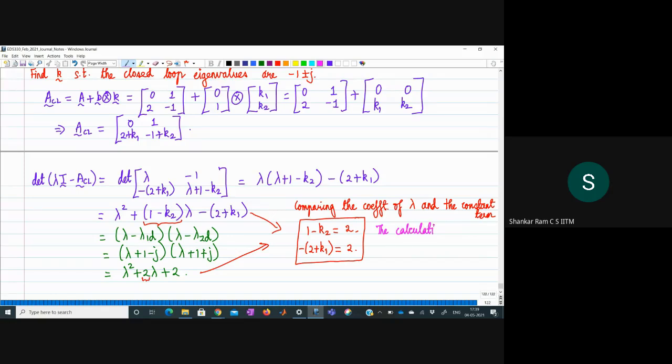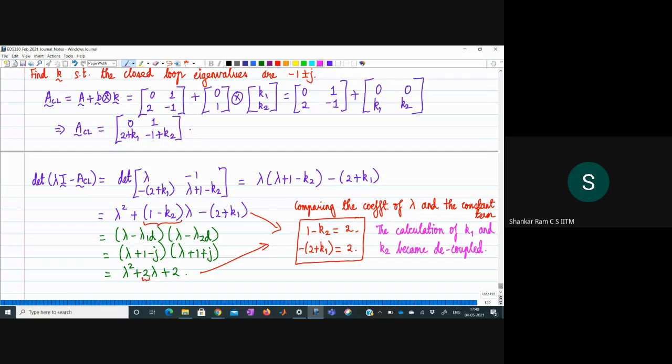If you look at the first equation, we have only K2, so we can explicitly calculate K2. In the second equation, we have only K1, so we can explicitly calculate K1 from the second equation. So the calculation of K1 and K2 has become decoupled, and that is a big advantage of the controller canonical form.